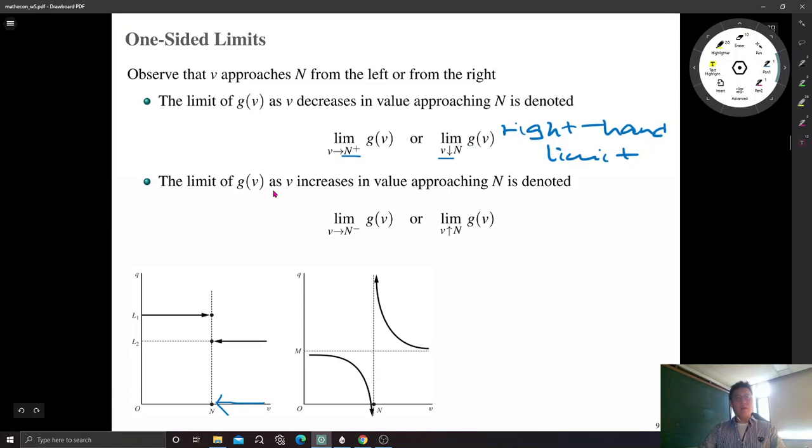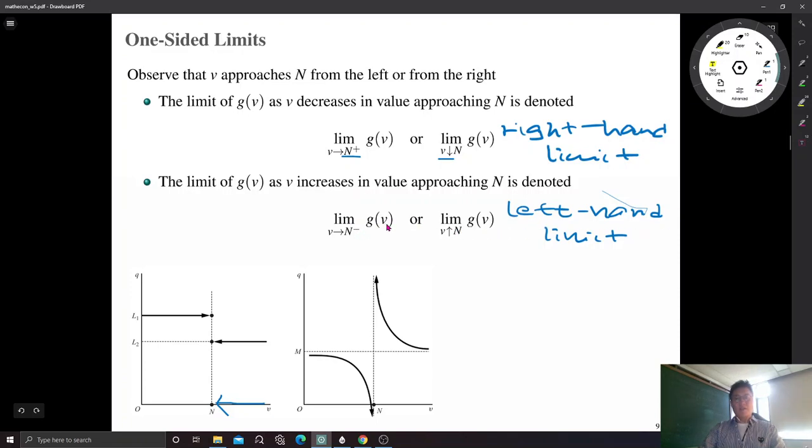And we can think of the opposite direction. So now v is increasing to number n. So v increases in value approaching number n. That's going to be our left-hand limit. So instead of a positive sign, we use a negative sign to denote the left-hand limit.